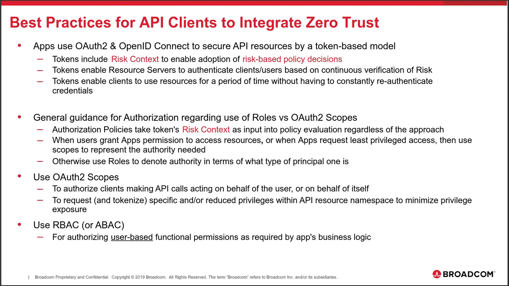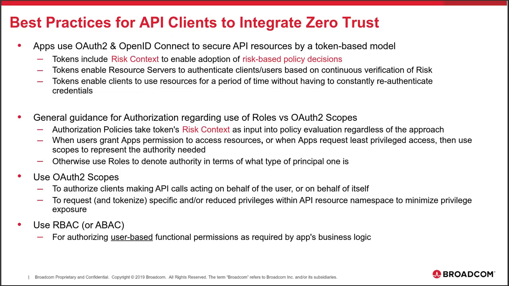Those permissions are then represented through tokenization of privileges, otherwise known as scopes, and those are the privileges used to access the APIs themselves. Now, within the API itself, obviously there is a comprehensive policy management infrastructure based on some business logic, based on roles, based on ABAC, based on policies that authorize the subject accordingly.